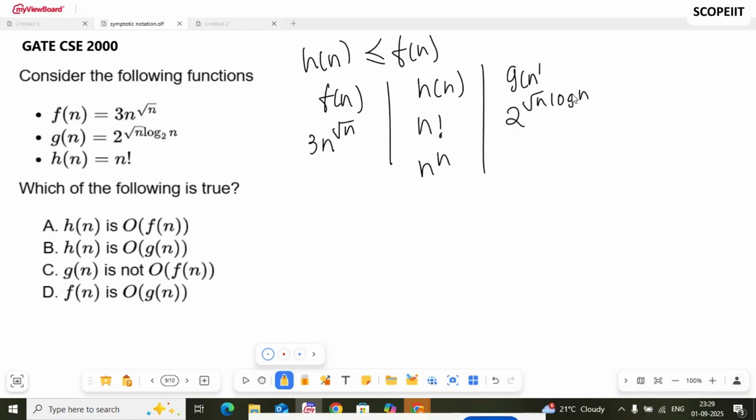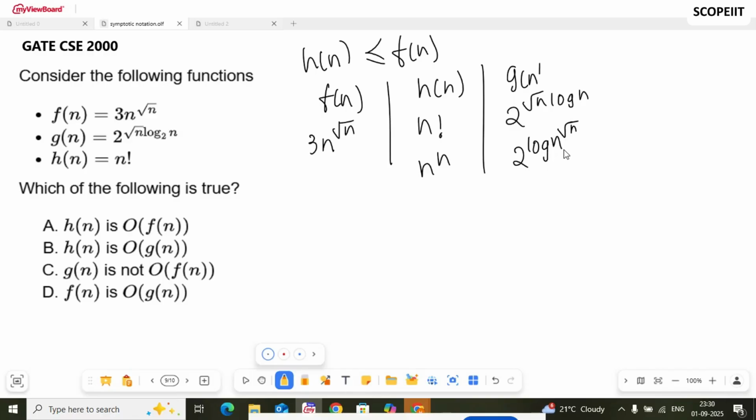Here, if I take this log, I can take it to the left-hand side, so it can become 2 to the power log n, and the under root of n can go in the power. So it will become 2 to the power log n, and this is under root of n.